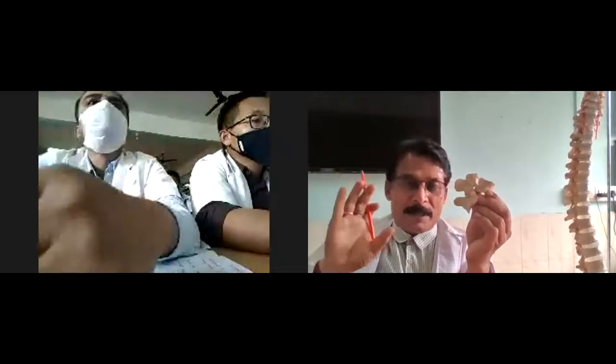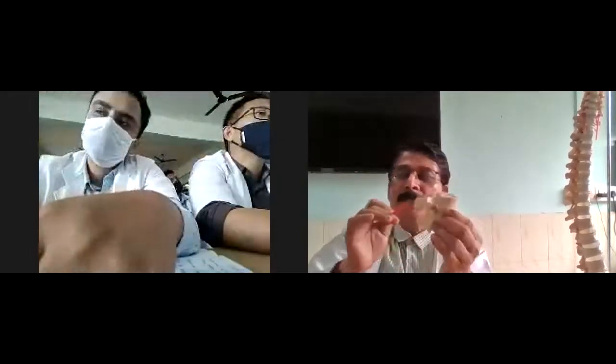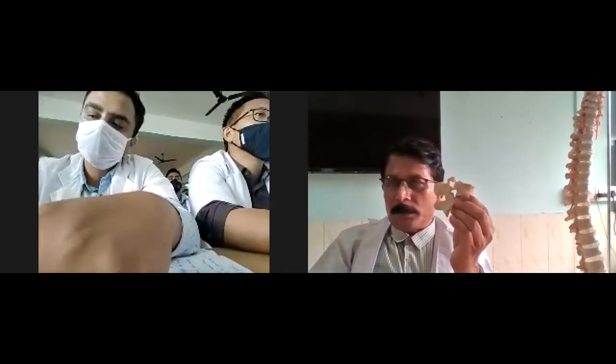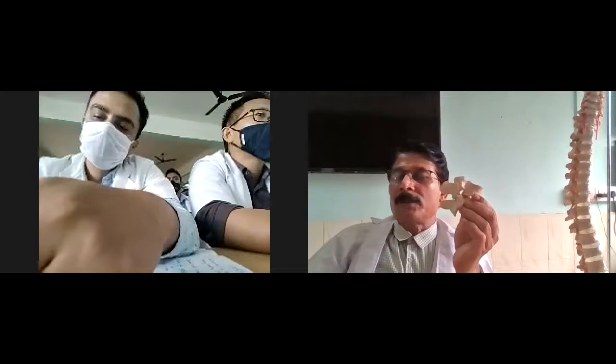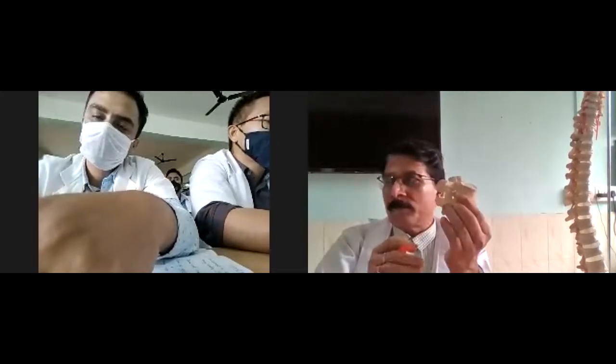This is a very important thing because every organ has some functional unit. So the functional unit consists of the adjacent parts of the two end plates, the disc, and the facet joint posteriorly. So this is called the functional unit.